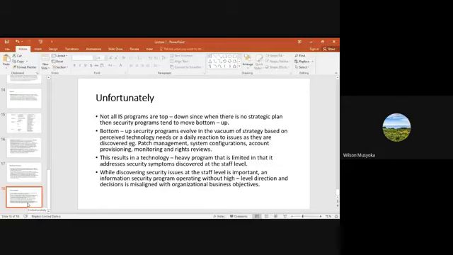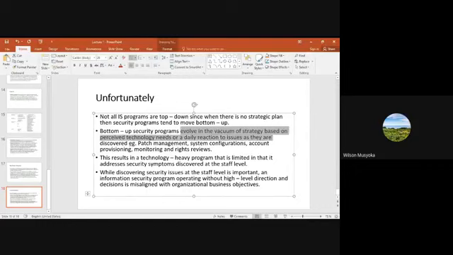Bottom-up security programs come in the presence of a vacuum. When there is a vacuum of strategy, based on perceived technology needs, then there will be this daily reaction to issues as they are discovered. Like when you get a security issue, you do a patch, or you reconfigure your system, or you provide an account, you know, you are monitoring and you are reviewing rights of users and all of that. Then it becomes a bottom-up security strategy.